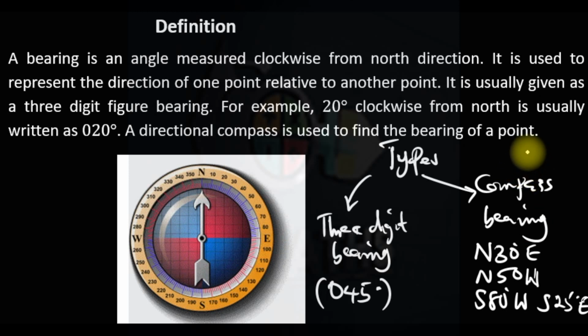Maybe if you see 125 east, this is wrong in compass bearing, because the angle there must be less than 90. If you have north theta east or south theta west, that theta must be less than 90.